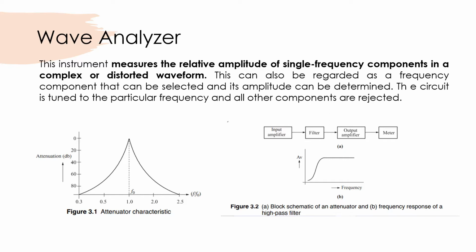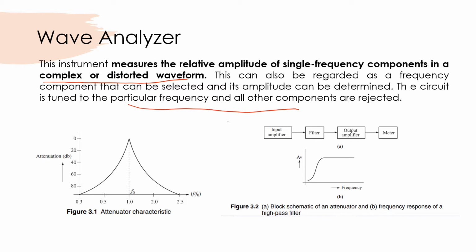This instrument measures the relative amplitude of a single frequency component in complex or distorted waveforms. This can also be regarded as a frequency component that can be selected and its amplitude can be determined. The circuit is tuned to the particular frequency and all the other components are rejected.